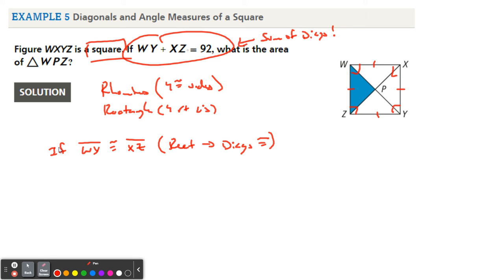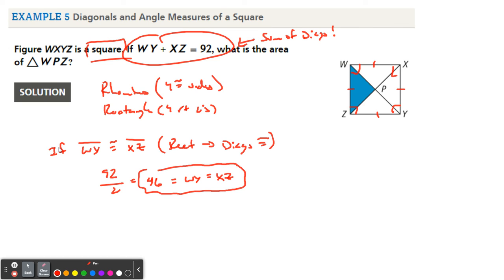Then to find out what each diagonal is, we're just going to take that 92 and divide it in half. 92 divided by 2 is 46. So that is the length of each of those diagonals, so that equals WY, which equals XZ.